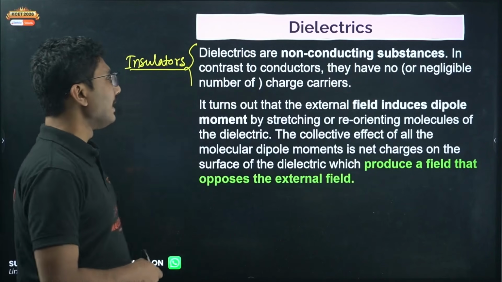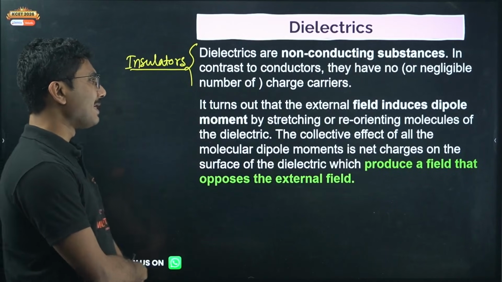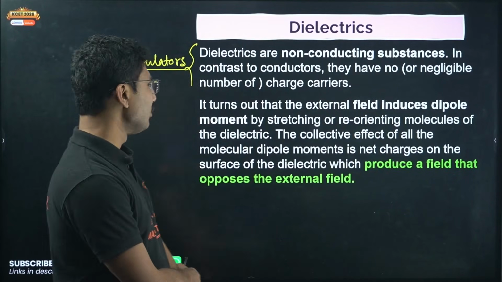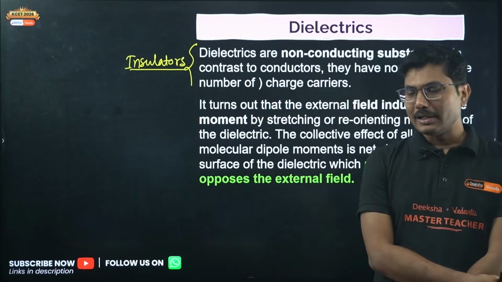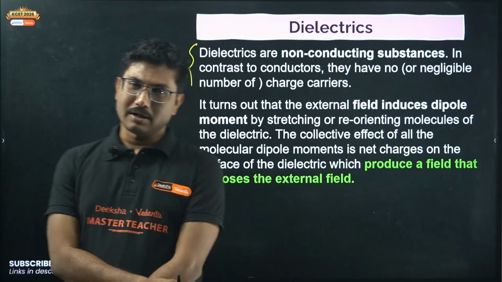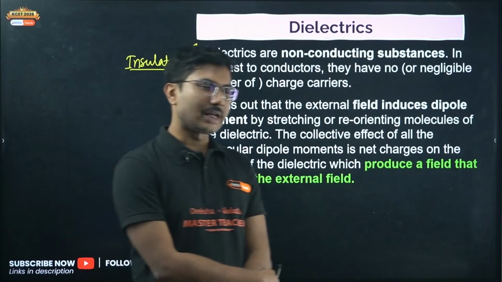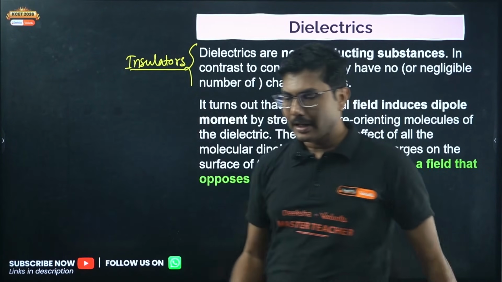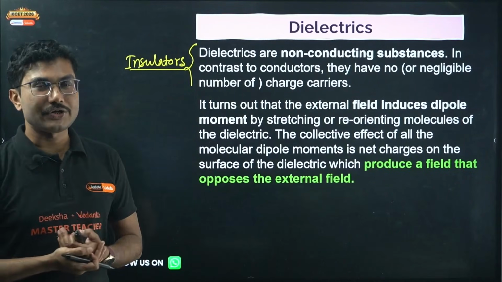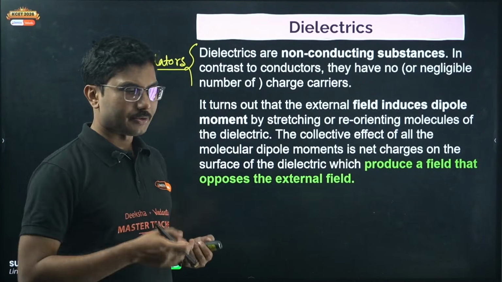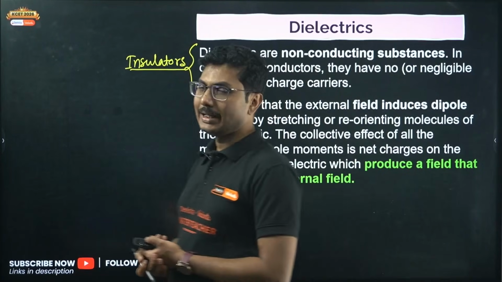Let's see. It turns out that an external field induces a dipole moment by stretching or reorienting the molecules of the dielectric. So even though dielectrics do not have any free electrons or free charge carriers to carry current, if you apply an external electric field around the dielectric, that dielectric tends to produce an internal electric field because of the reorientation of the positive and negative charges, because all molecules and atoms are formed by electrons and protons.